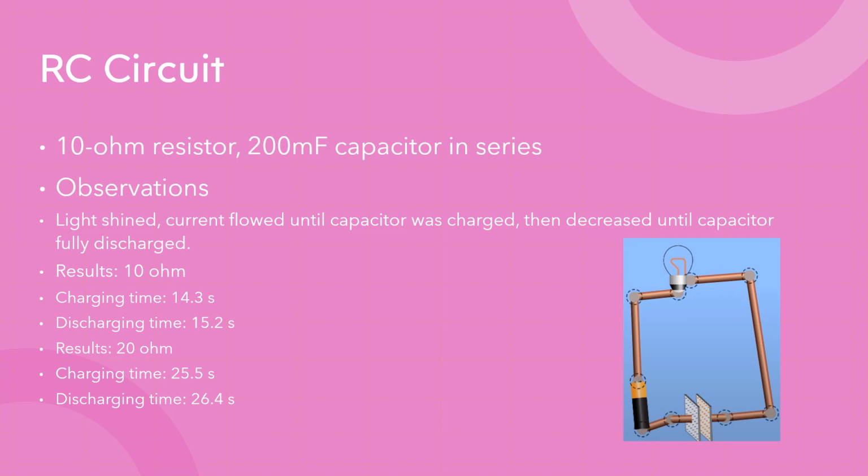The results for the 10 ohm setup: there was a charge time of 14.3 seconds and a discharge time of 15.2 seconds. And then as we increased the resistance to 20 ohms, the charging time increased and the discharging time decreased as well by about 10 to 11 seconds per parameter.